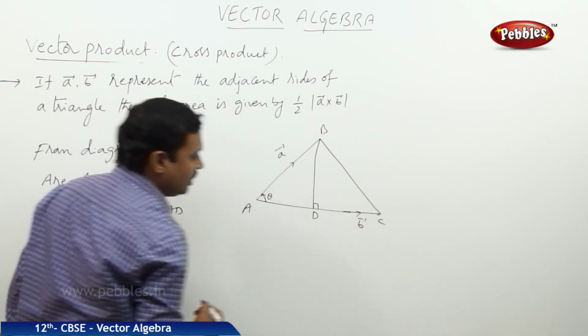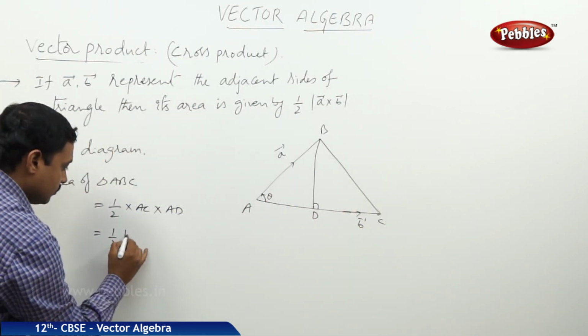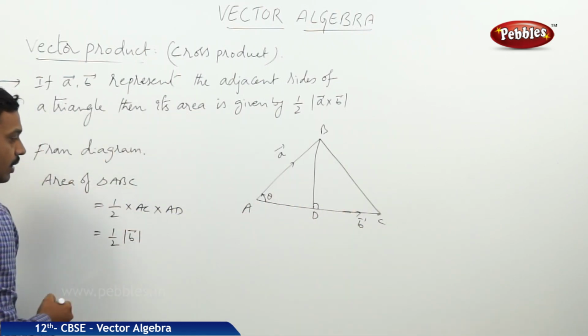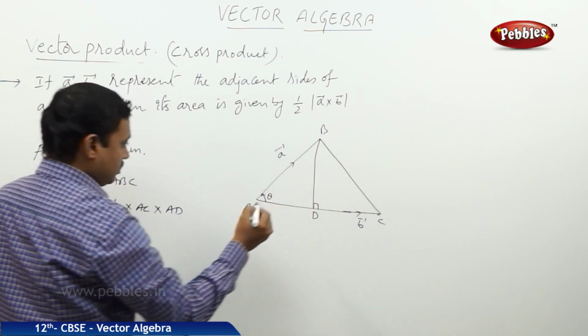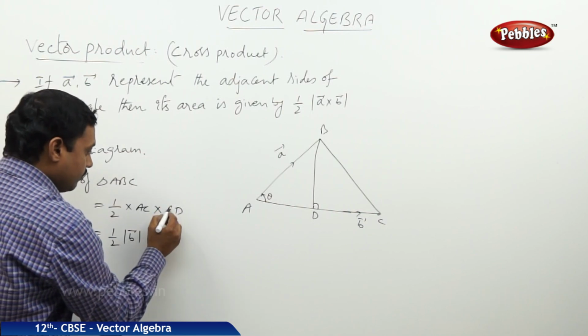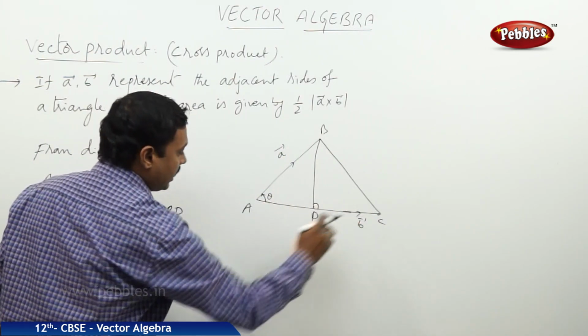What is AC? AC is the magnitude of the vector b bar, so we can write it as mod b bar, into BD. So BD is the perpendicular to AC.